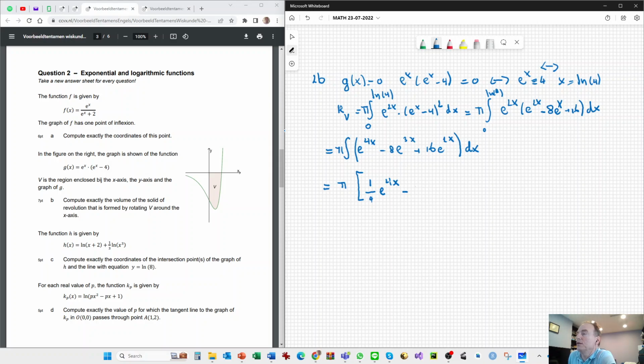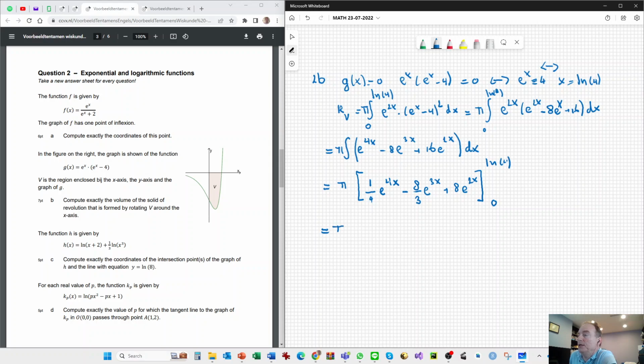And here, similarly, I get 1 over 3 e to the power 3x. And then 8 times e to the power 2x. This I have to evaluate between, what was it, log 4 and 0. Okay, why not?